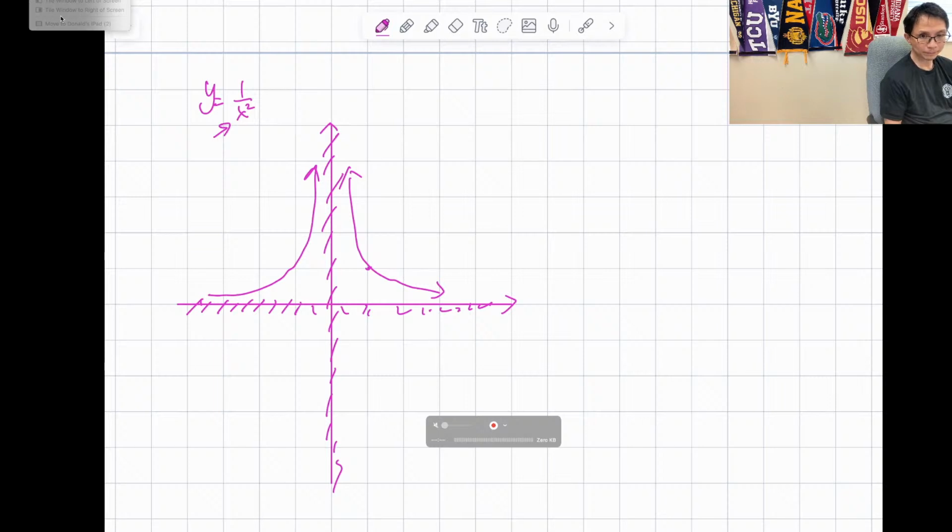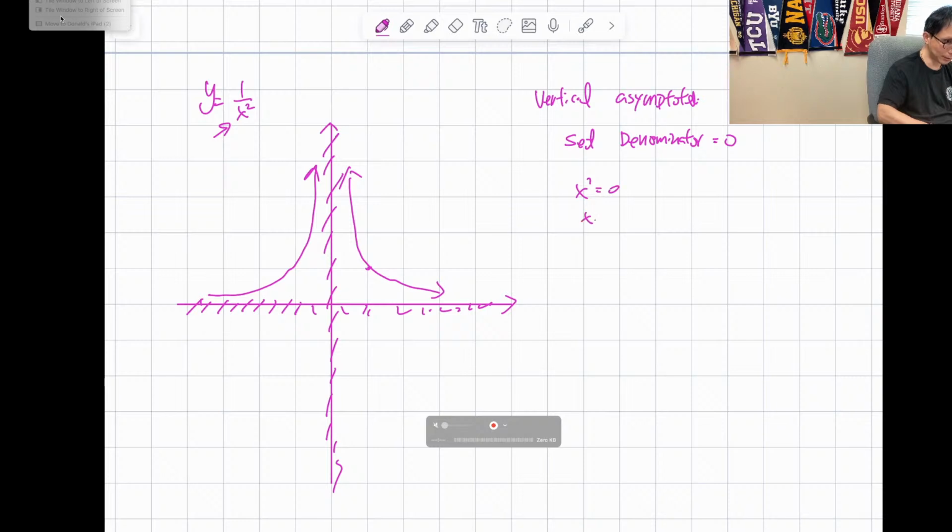Is that okay? How do I find a vertical asymptote, guys? Do you know? How do I find a vertical asymptote? Set the denominator equal to 0. So in this case, x squared equal to 0, x equal to 0. So x equal to 0 is a vertical asymptote. Is that okay? And you just solve for it.